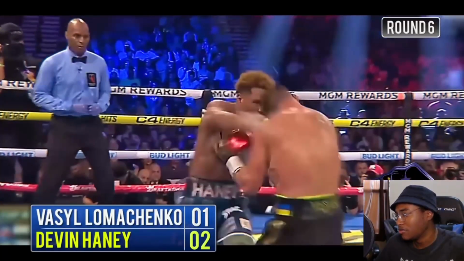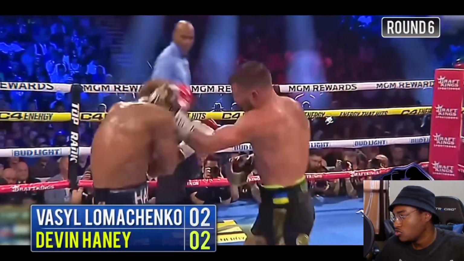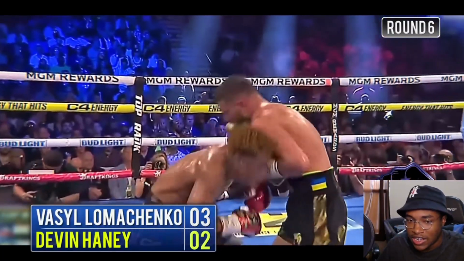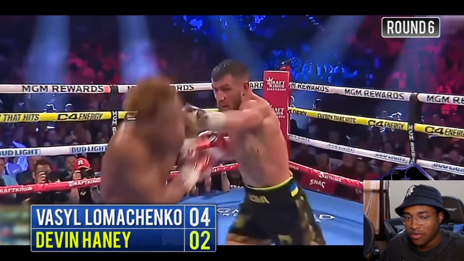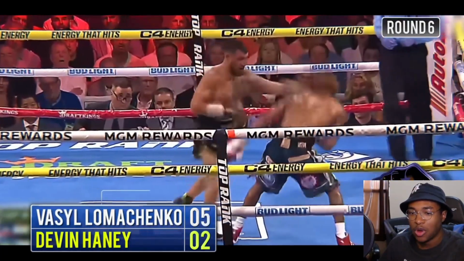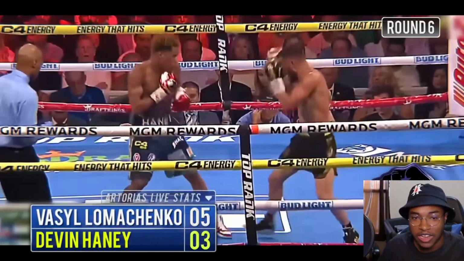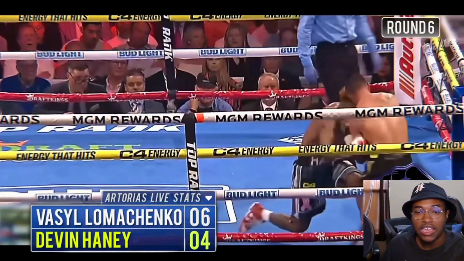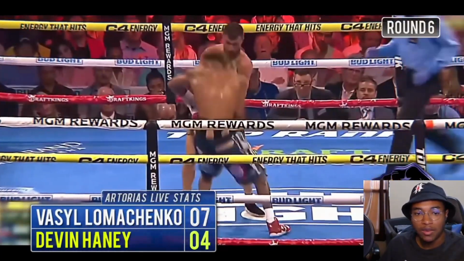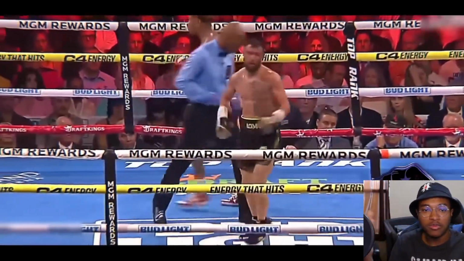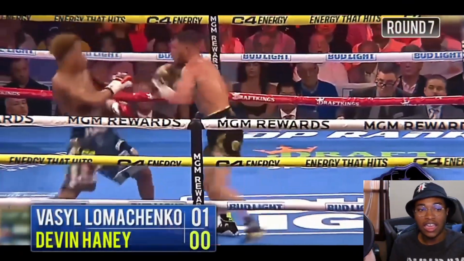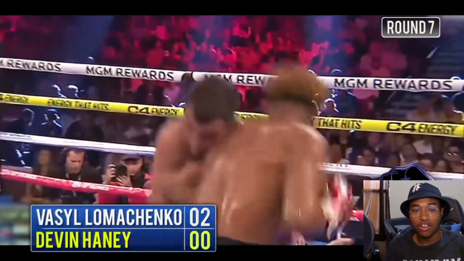And we can say that Loma had a more effective offense because they both were making investments. I've made this argument so many times now, but they both were making investments. Devin Haney making investments to the body, Loma making investments to the head. And there are only two options for why Loma rocked Devin.